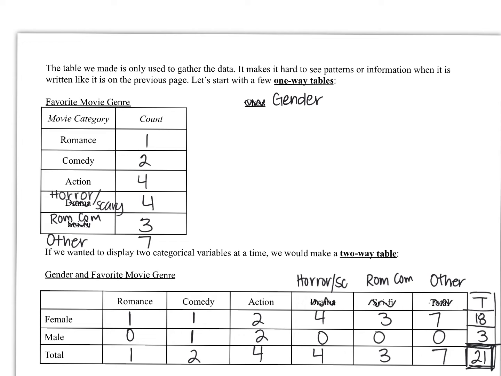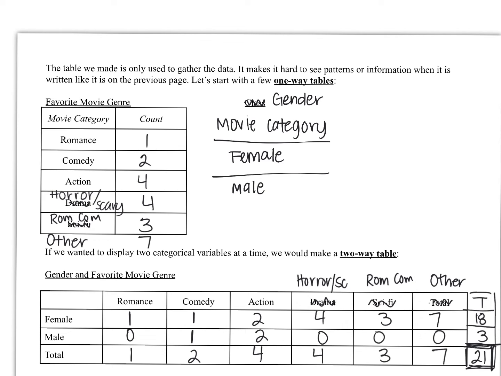When I do it based on gender, so what we're going to do is we're going to have, based on the movie category, we have female, and we have male.